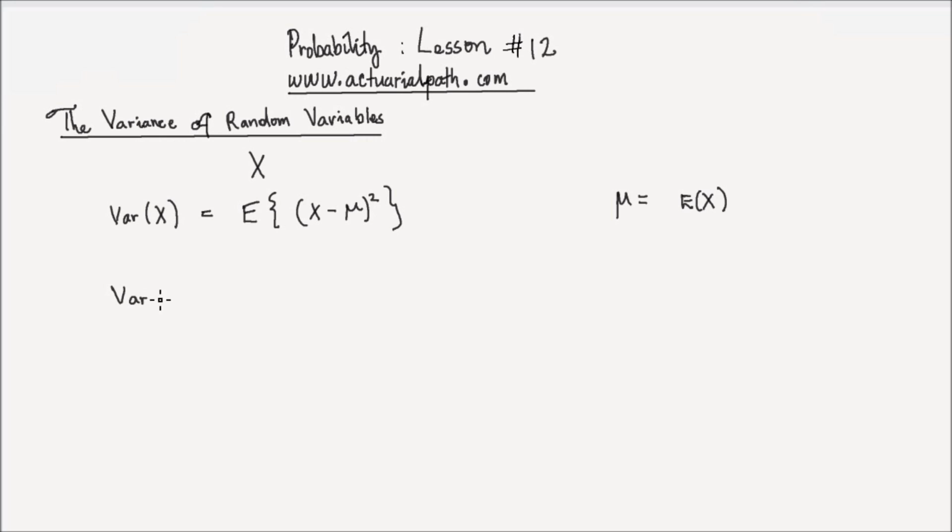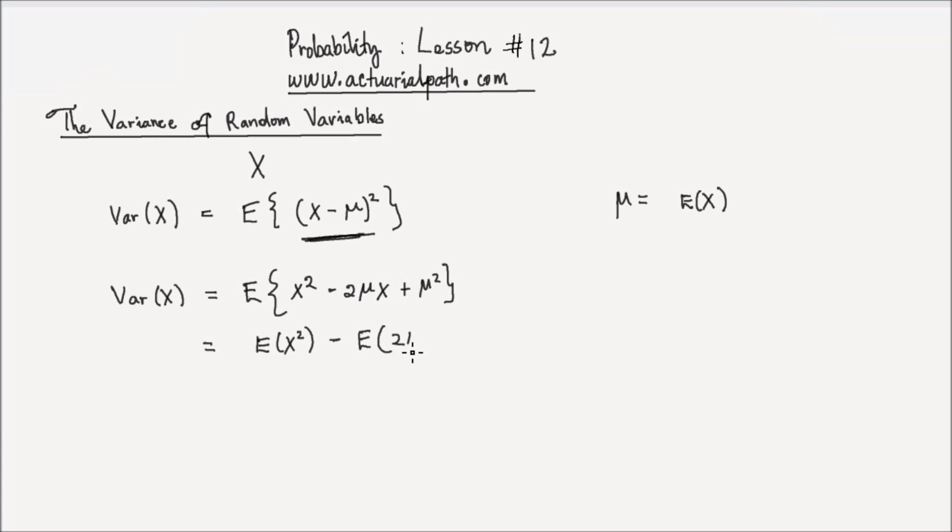So the variance of X can also be written as the expectation of, let's square what's inside here. When you do that, you get X squared minus 2 times mu times X plus mu squared. And that is equal to the expectation of X squared, you can distribute the expectation, minus the expectation of 2 mu X plus the expectation of mu squared.